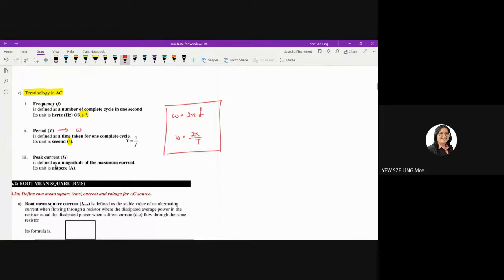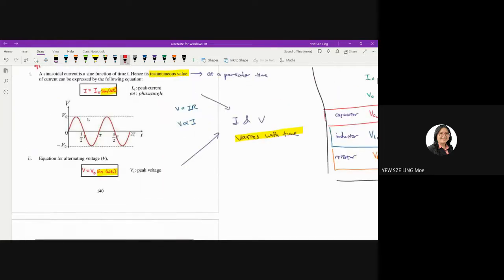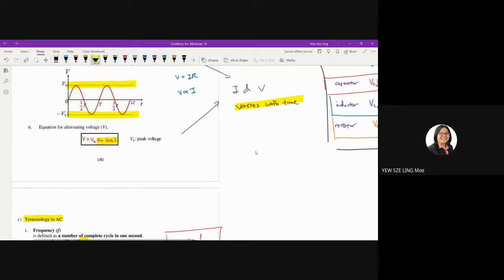The peak current is defined as the magnitude of the maximum current that you can have in 1 cycle. When it comes to the graph, the highest point is our peak value. This dotted line touches our peak value. Sometimes questions will ask you to calculate the peak to peak value.